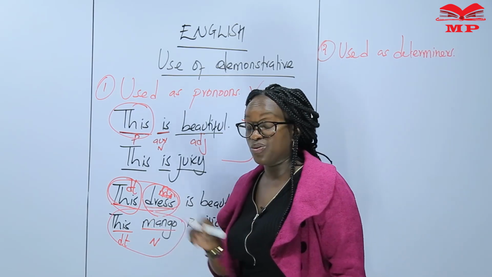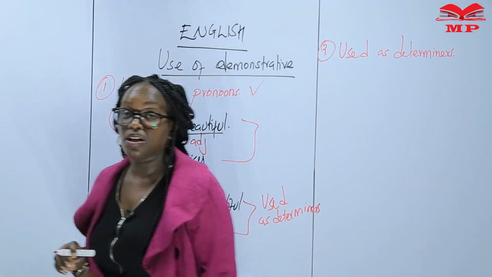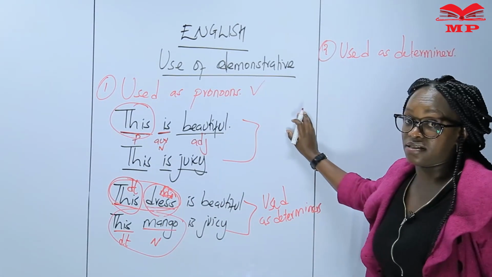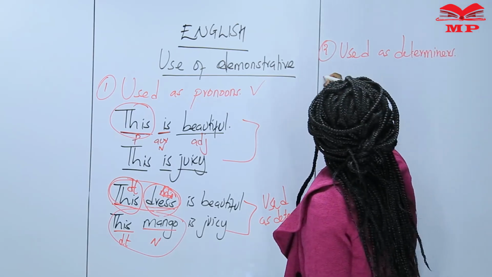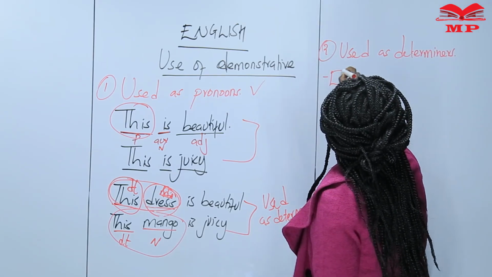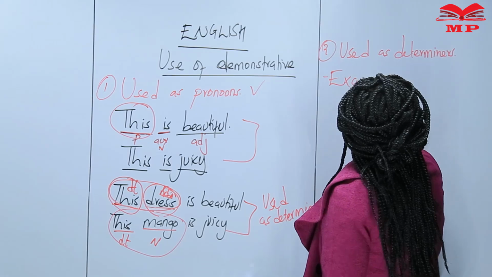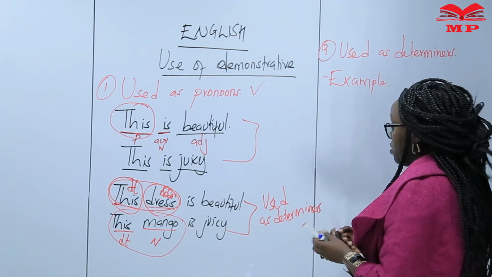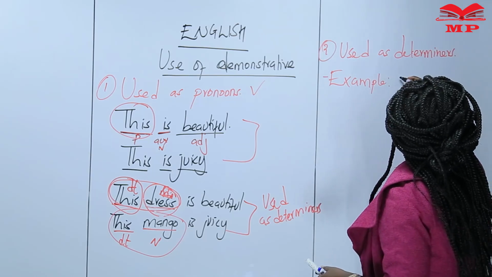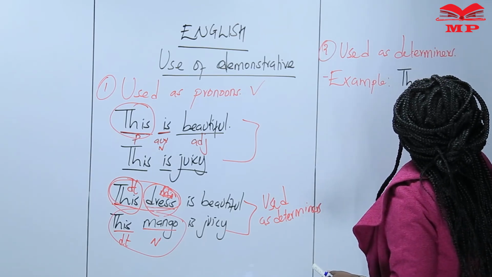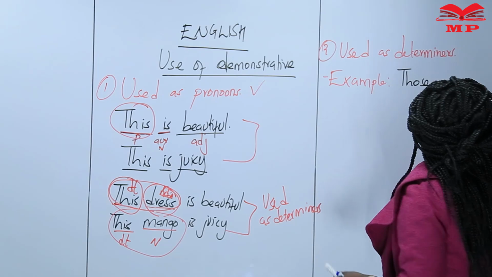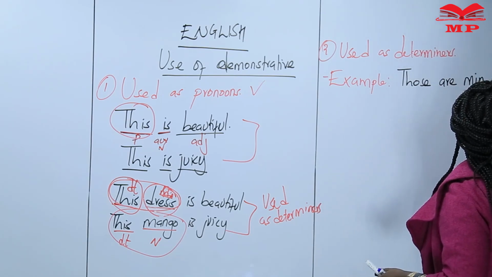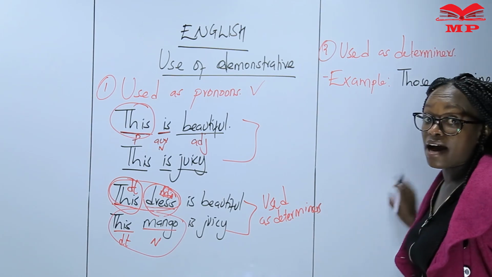The determiner can introduce a noun, or it can also introduce an adjective. So I'll just give another example in a sentence. I can have a sentence where I say, those are mine.